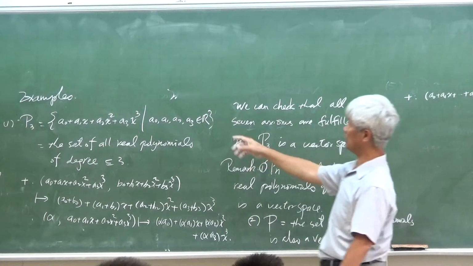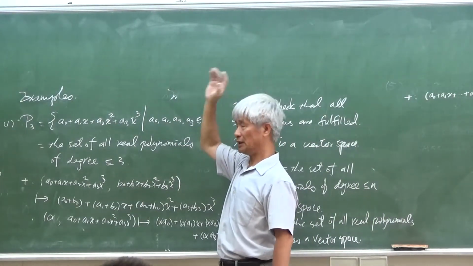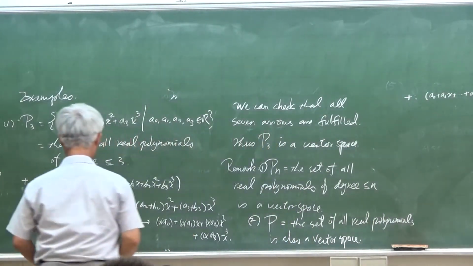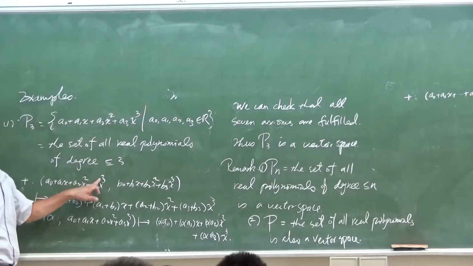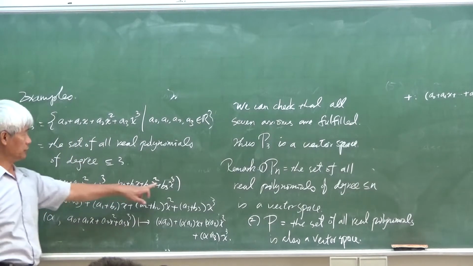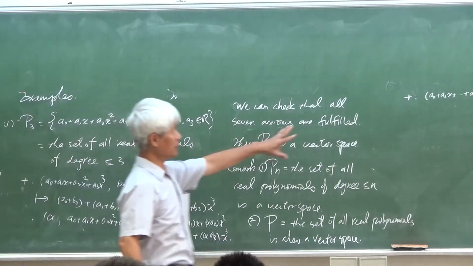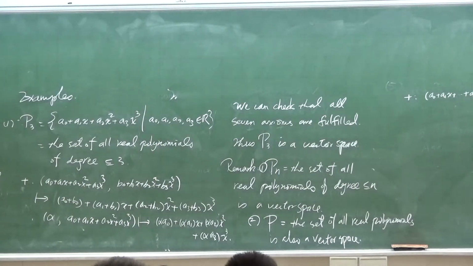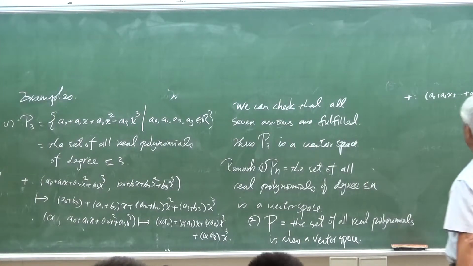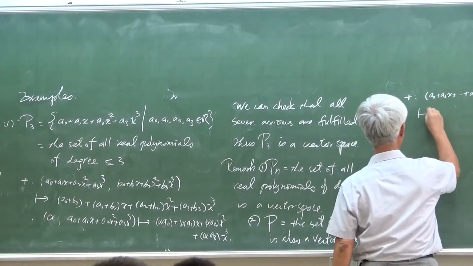Here, because I know the highest degree is 3, when I write the definition I can write it up to 3. But for the general case, you have to write it this way.